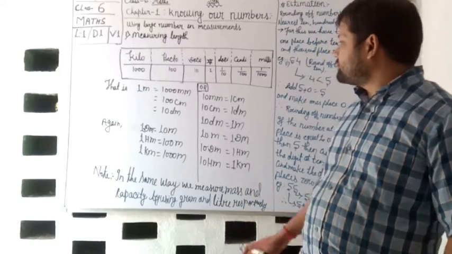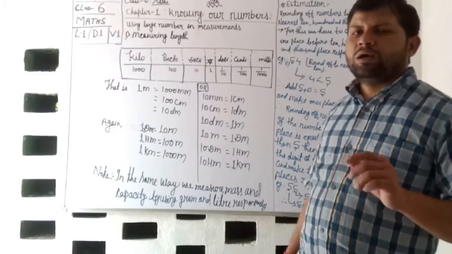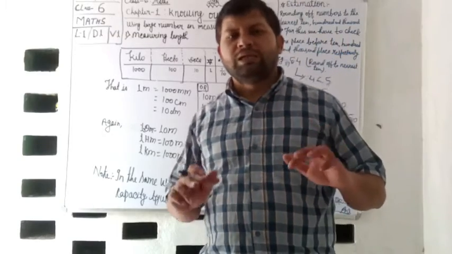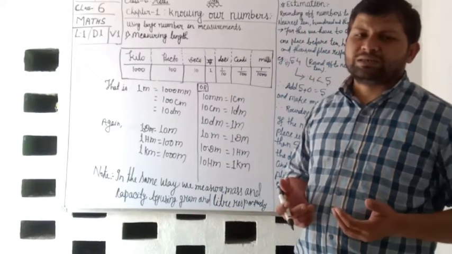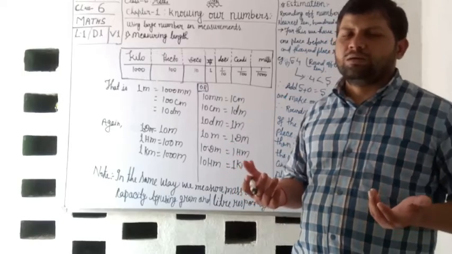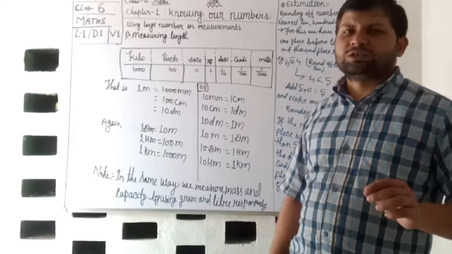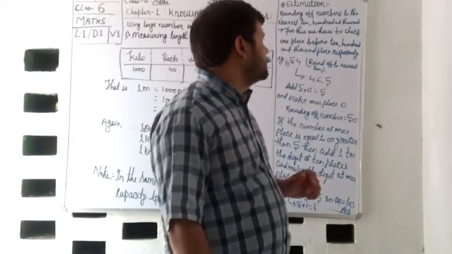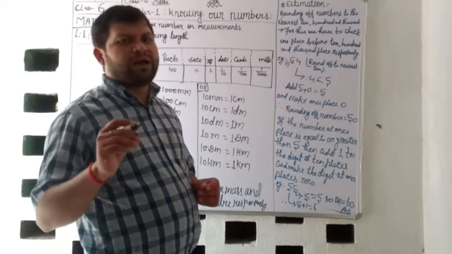Now I am going to explain how a number is estimated, because large numbers sometimes need to be estimated for better calculations. This process is called estimation or rounding off. For this we apply a trick.